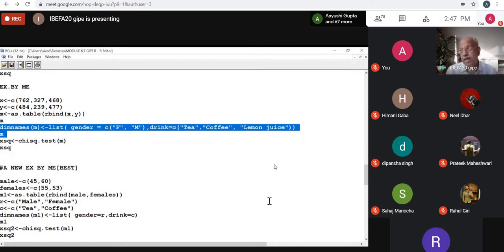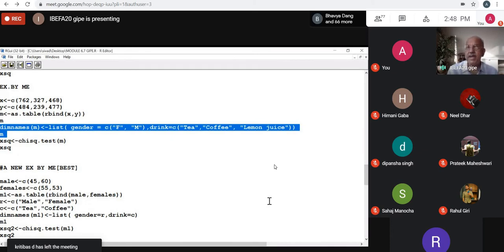And this is to be incorporated with dimnames, dimension names. M is a matrix. A matrix, when you say, there are rows and columns. So dimension is 2 by 3.